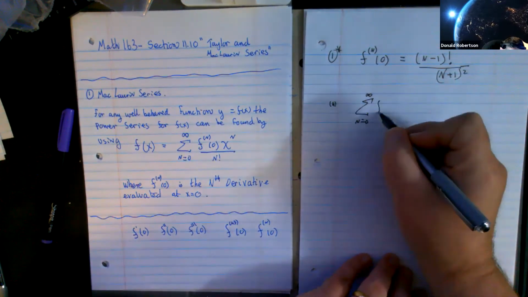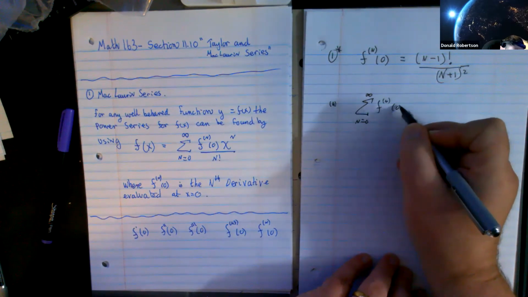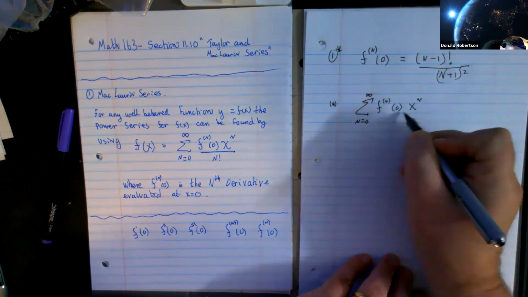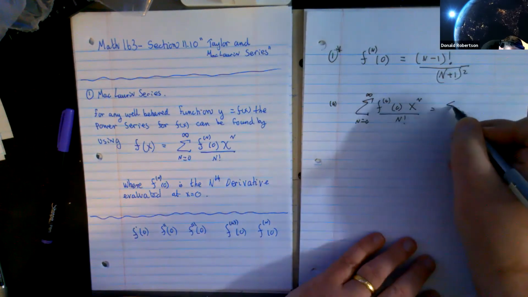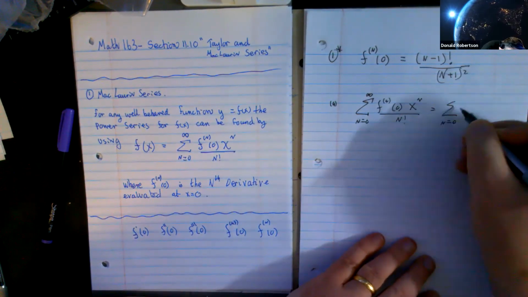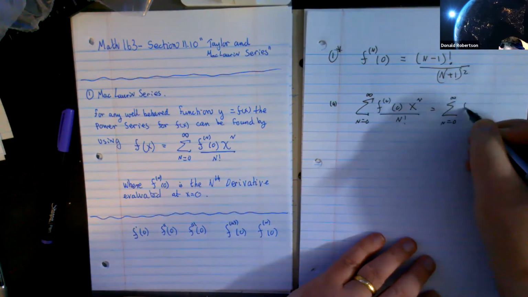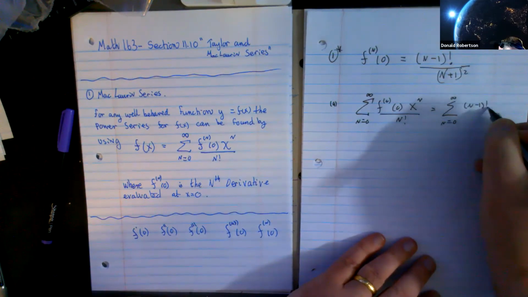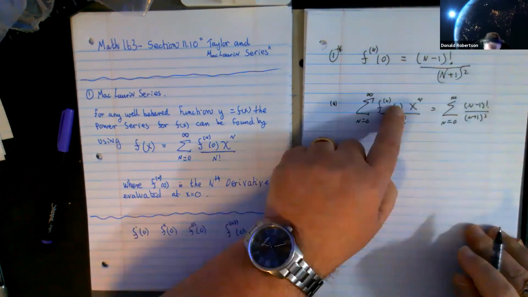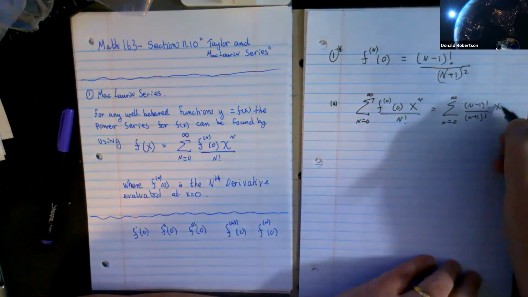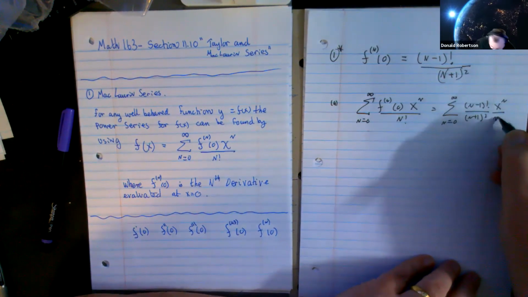Well, it's the nth derivative at 0, x to the n over n factorial. The sum from n equals 0 to infinity of n minus 1 factorial over n plus 1 squared, that's this guy, x to the n over n factorial.